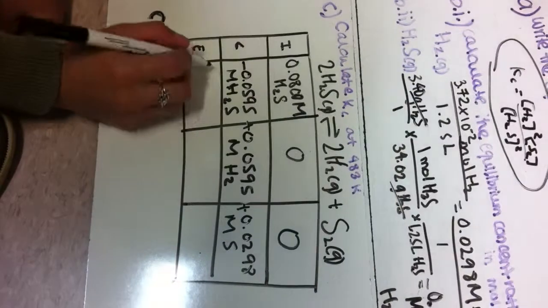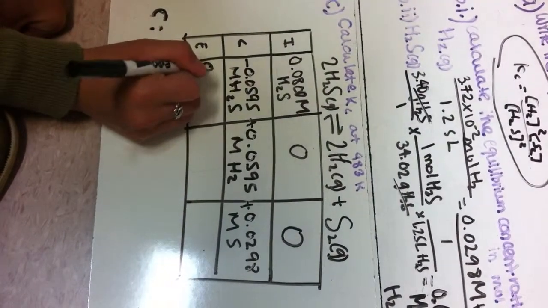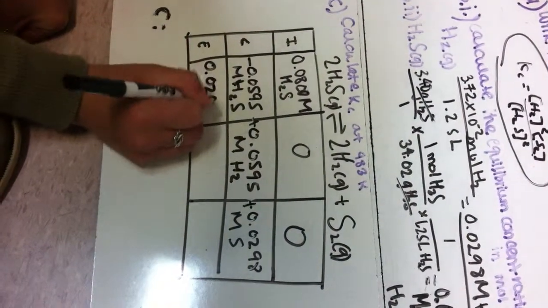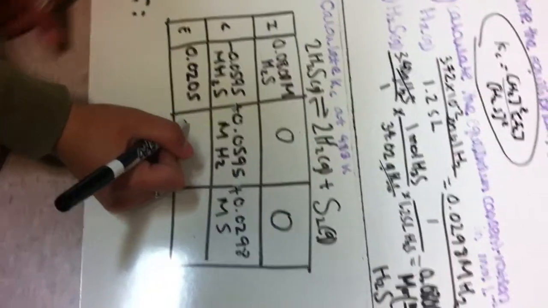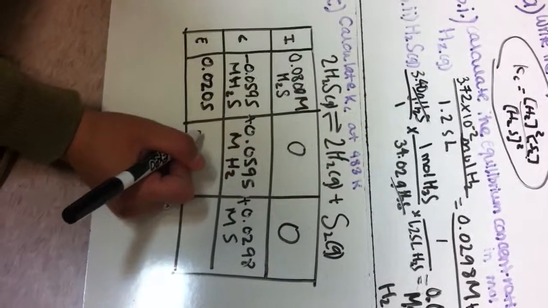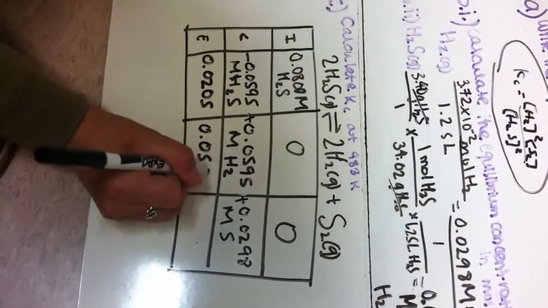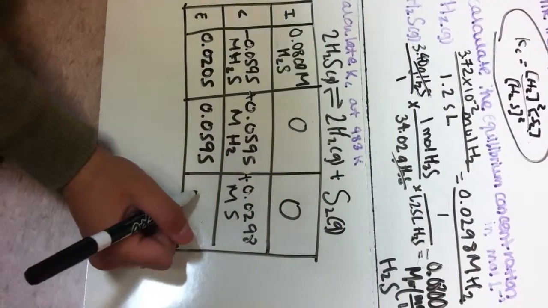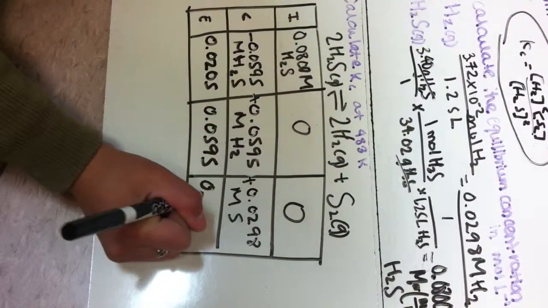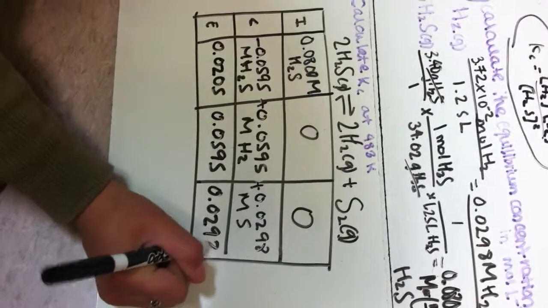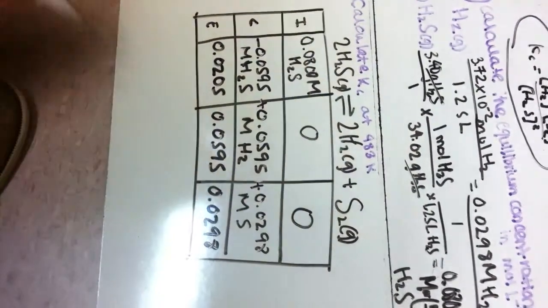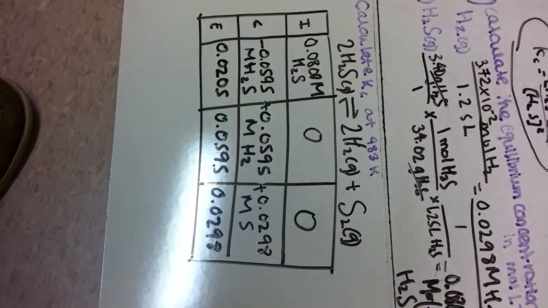Carrying our addition, this gives us subtraction here, 0.0205 at equilibrium of H2S. This gives us 0.0595 at equilibrium of H2 and 0.0298 at equilibrium of S2.